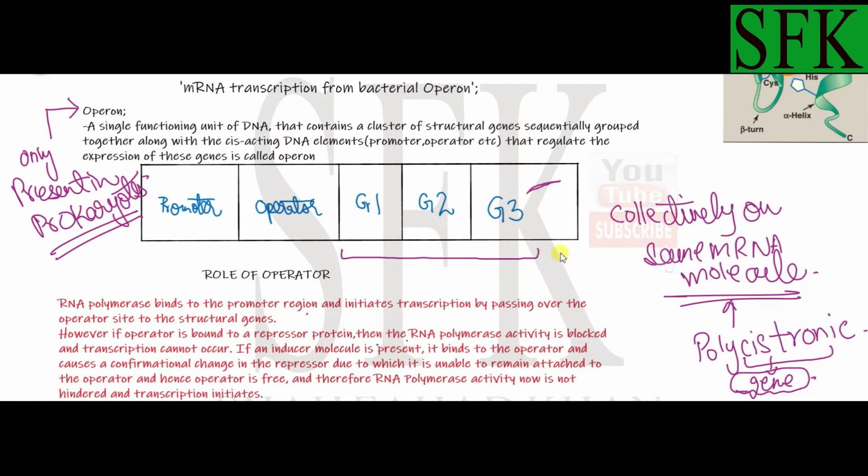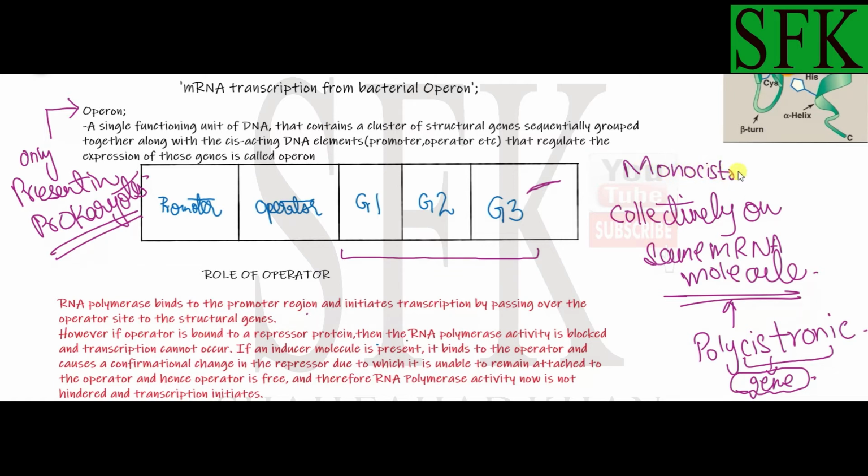So in eukaryotes, since the operon is missing, each gene is transcribed onto a single mRNA molecule. Since one mRNA molecule contains the codons for only one gene, that mRNA molecule is called monocistronic.